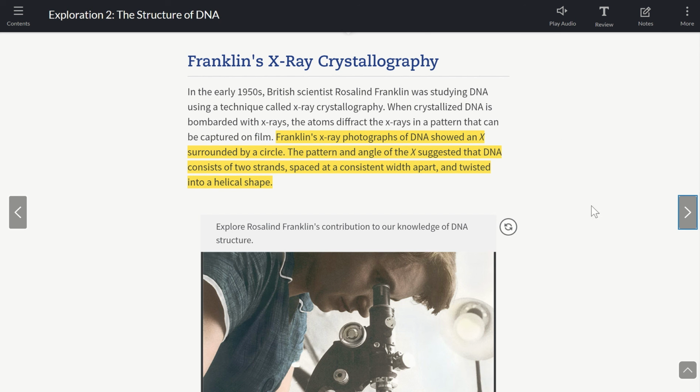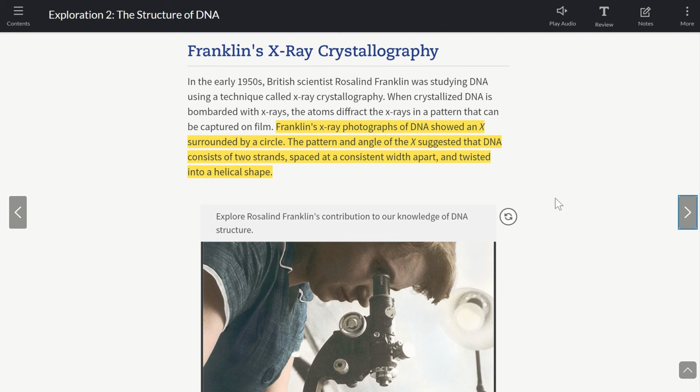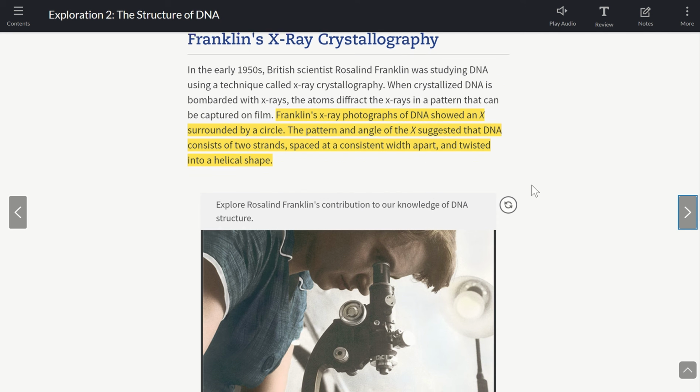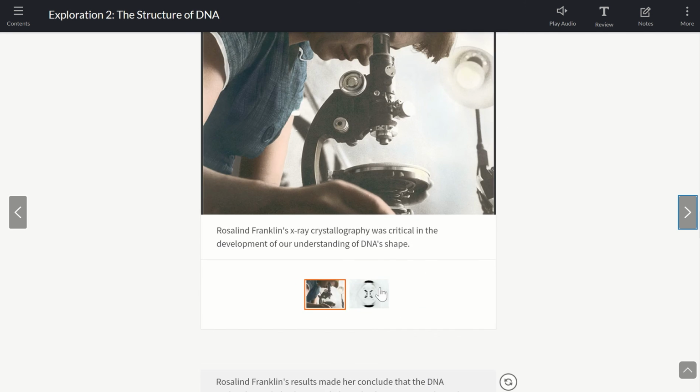And so she was able to generate a picture using an X-ray machine, and it showed enough detail that the pattern and the angle of that DNA strand could be seen. She was the scientist who was later on credited with discovering the double helix shape of a DNA strand.